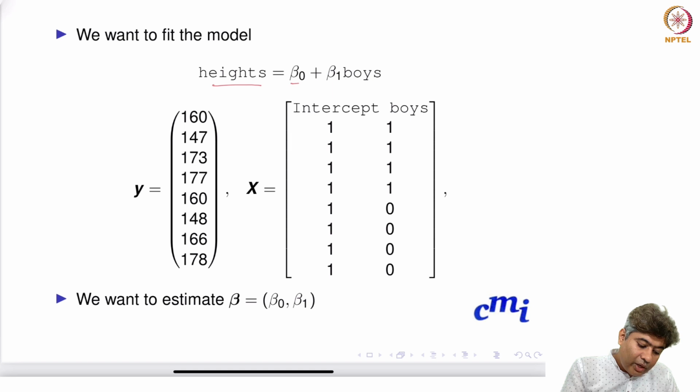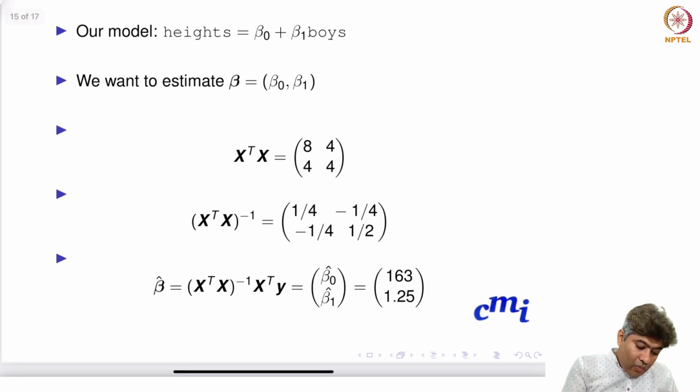So we say beta naught plus beta 1 times boys. We do a one-hot encoding, or create a dummy variable for boys: 1, 1, 1, 1. The first 4 values are 1s, and the next 4 values are 0s. The first column of all 1s creates an intercept. So our model is height equals beta naught plus beta 1 times boys. We want to estimate beta naught and beta 1.